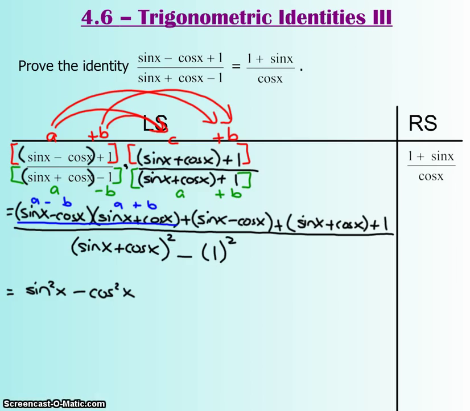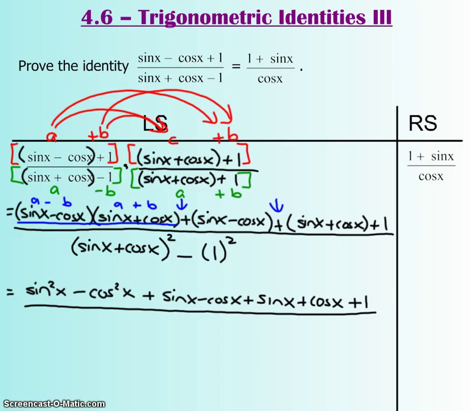Okay, then we have plus, and why don't we take off those brackets? So we got sine x minus cos x, and then the other plus, so I'm doing the blue just so that you keep up with me, sine x plus cos x, and then plus 1, all over.